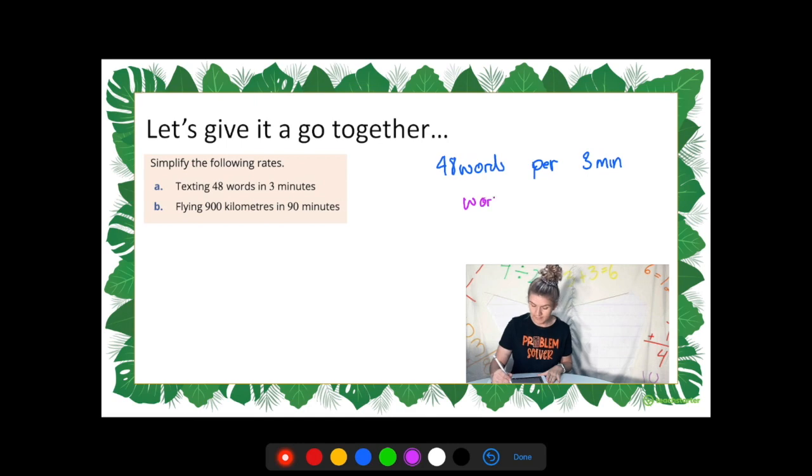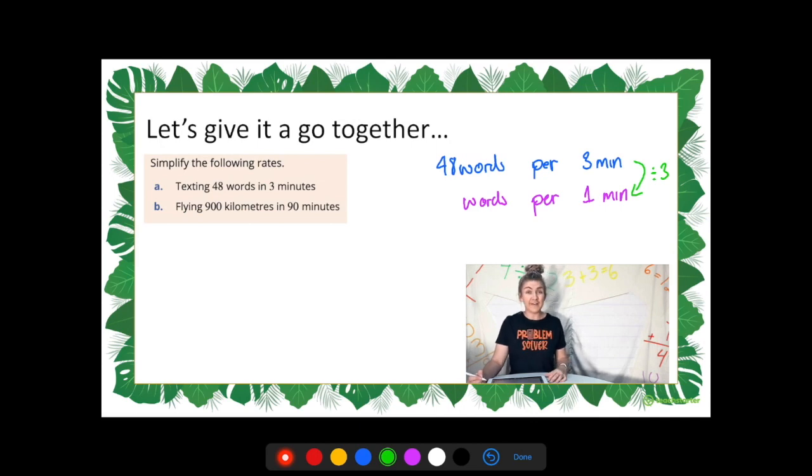So I like to write words per 1 minute. And then I say to myself, what number do I have to divide 3 by to get to the number 1? The answer is 3. I'll give you a hint: it's always its own number. And I have to do it to both sides. So I'm dividing by 3 on both sides.